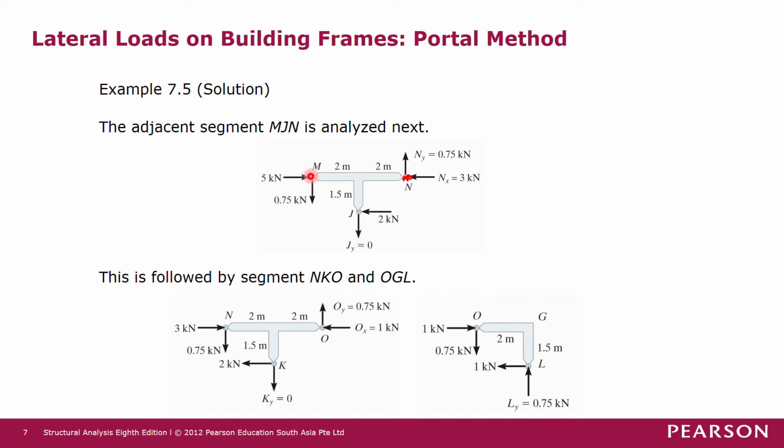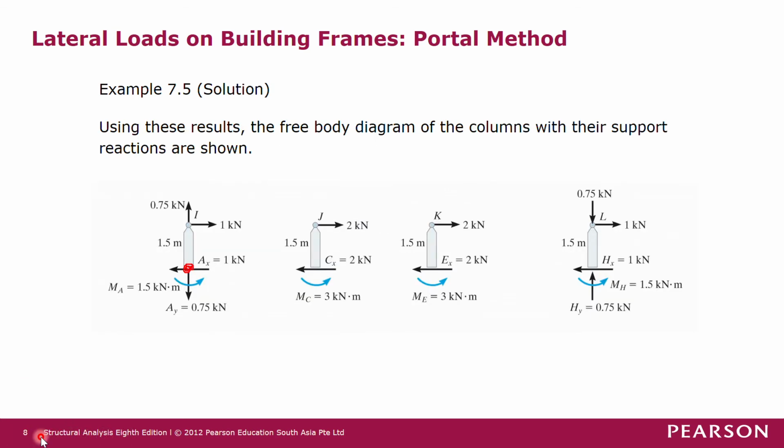So we have minus 0.75 minus 0 plus Ny equals to 0. So Ny equals to 0.75 kN, and we get a positive solution. So Ny should be going upward, and we assumed it upward in the first place, so we get a positive solution and it's actually going upward. Okay, so next we move on to the other segments.